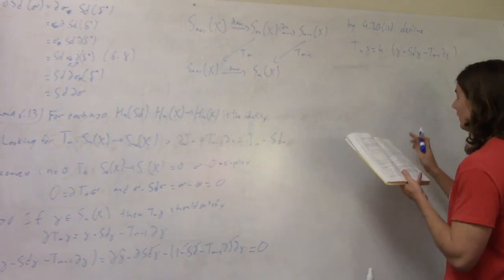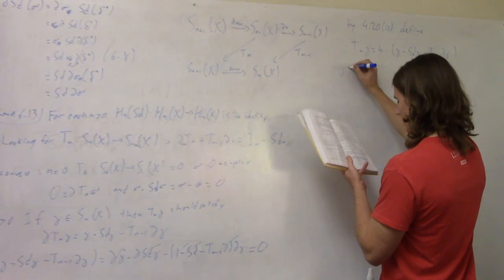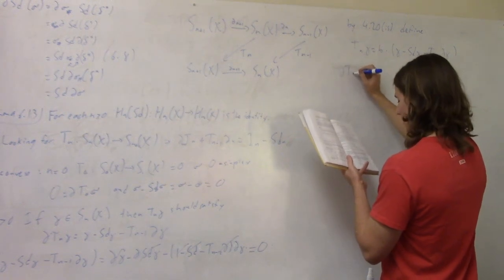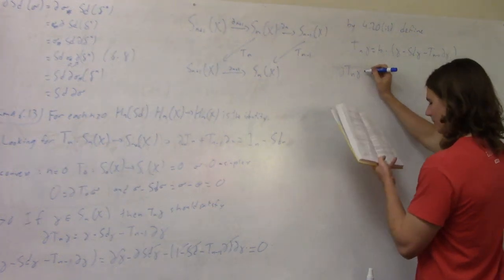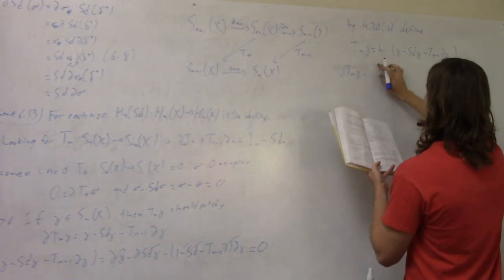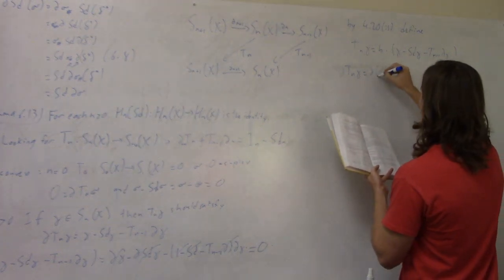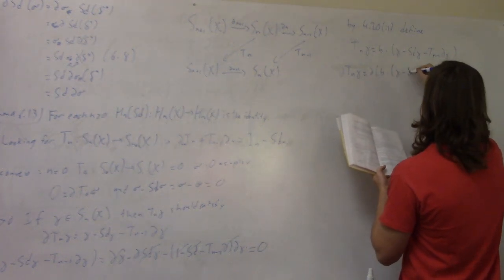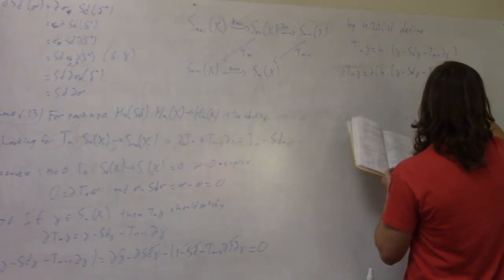Okay, so if we define this, we take the boundary of it, and using what we had before, it's going to be boundary of b dot gamma minus SD gamma minus T(n-1) boundary gamma.